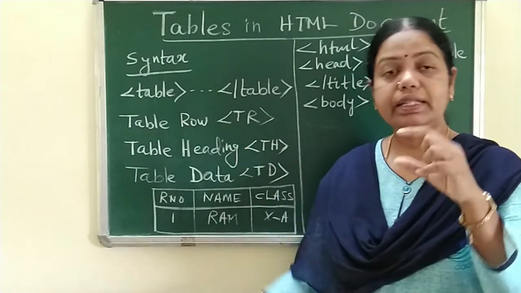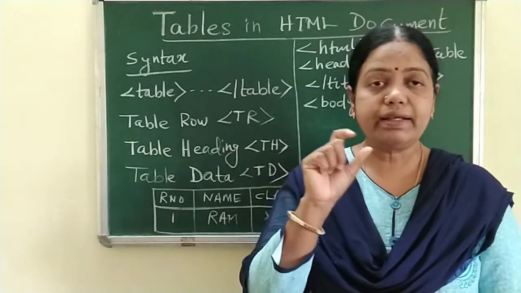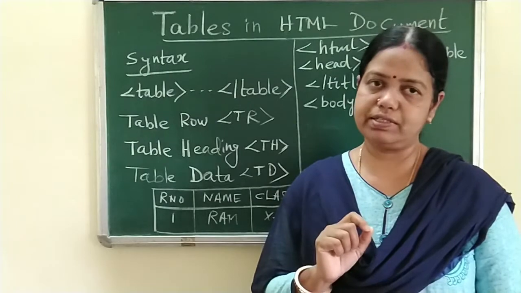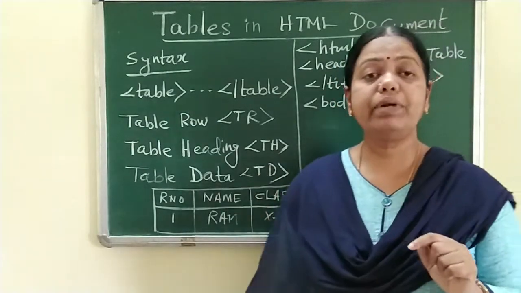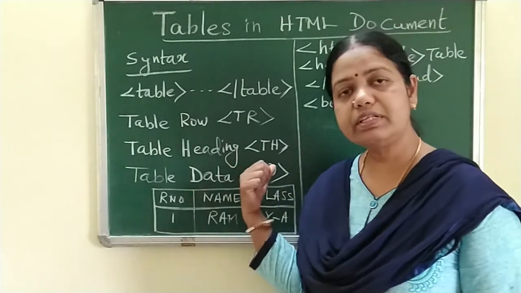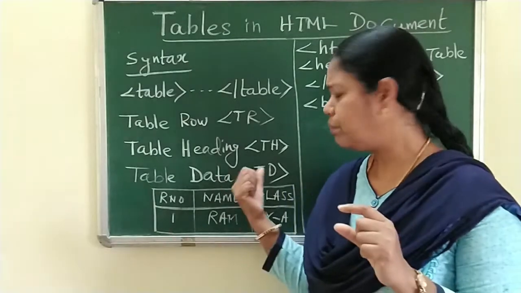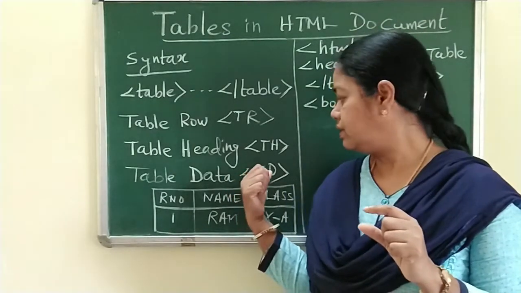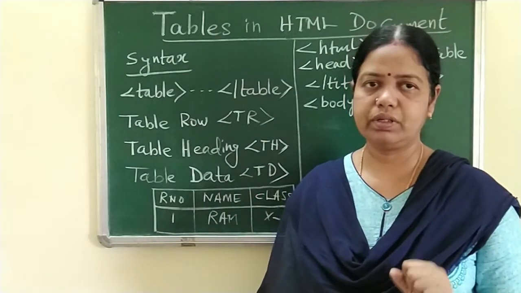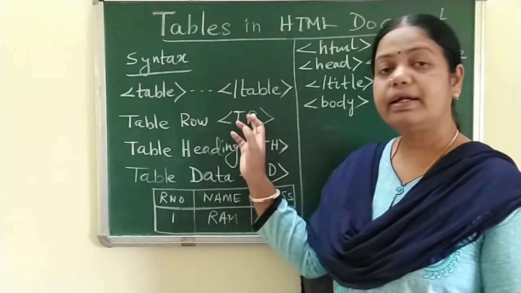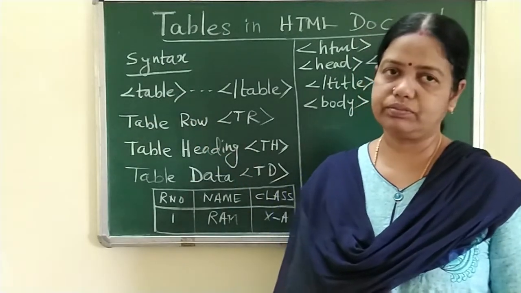By default, the table heading is displayed in the cell center aligned and in bold face. And the other tag is table data. Using this, we can define a data in the cell. By default, the cell data is aligned to the left. So these three tags are associated with the table tag.